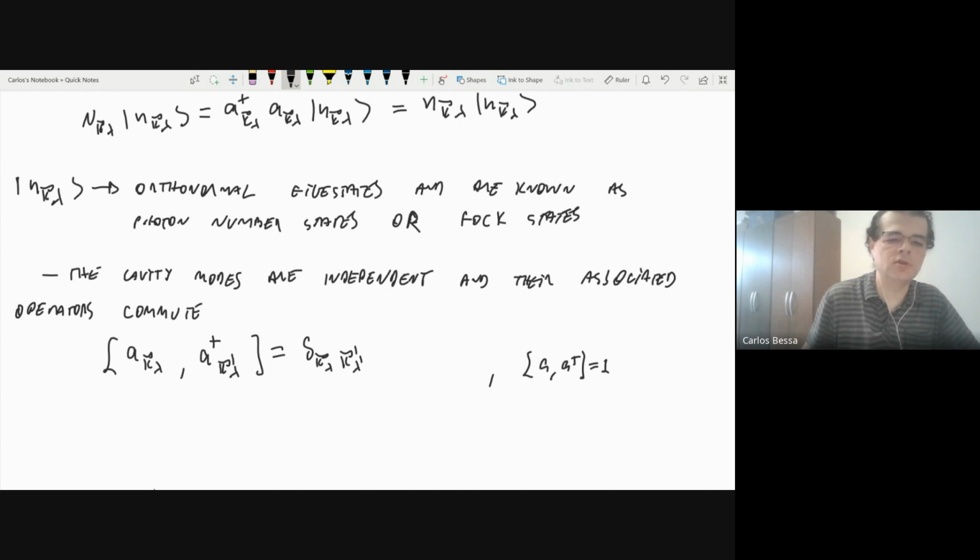But with k and k prime and lambda prime, it could be the same mode but with a different polarization. When we have the same modes and the same polarization, they do not commute. That's the usual harmonic oscillator case.